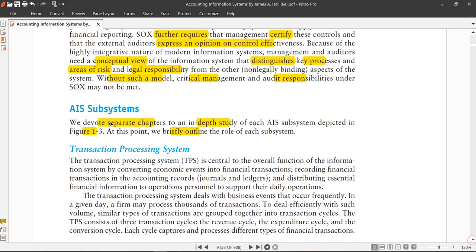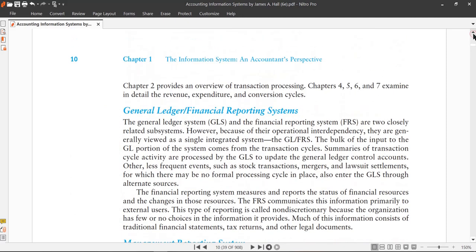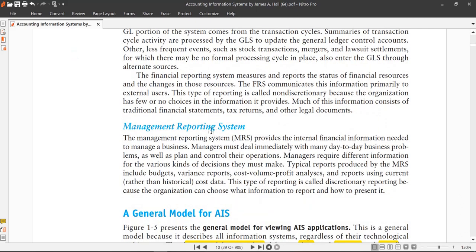So, AIS subsystems. Sabi dito, yun nga, kung babalik tayo sa figure 1-3, may mga subsystem yon. Ito na nga yun, yung transaction processing system, itong general ledger financial reporting systems, tsaka management reporting systems.